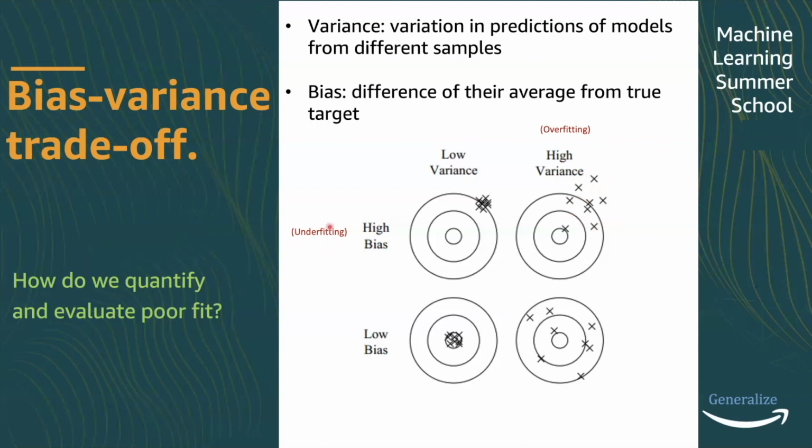On the other hand, underfitting is where you fit a model with complexity lower than necessary, so it always has a problem of very high bias. So these are the two important statistical components that you would use to determine whether your fit is good or bad.